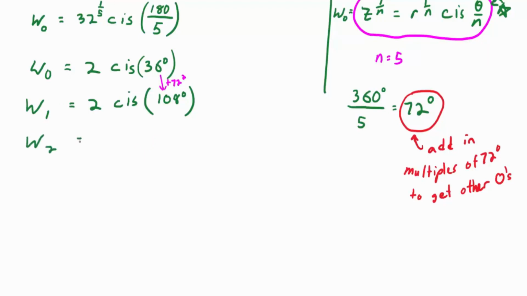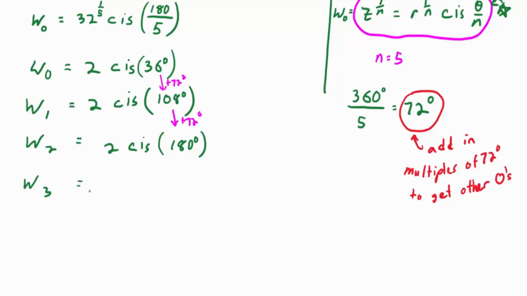Then we have 2 more. W2 is going to equal 2 cis, and if you add 72 to 108, what do you get? 180. That's the one we already knew about. 2 cis 180 is negative 2. Then we have one more. Oh wait, no, I'm sorry, I was thinking we only had 4. We only have 3 so far, and 2 more to do.